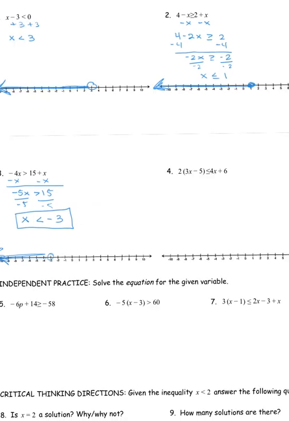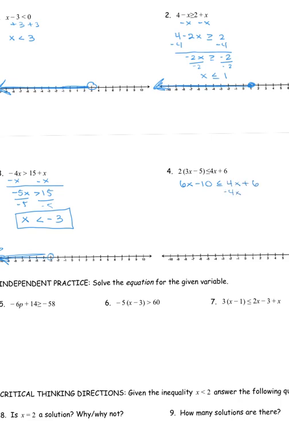All right, so let's take a look at example number 4. I have 2 times 3x minus 5 is less than or equal to 4x plus 6. All right, to begin, I have to distribute 2 onto my 3x and my negative 5, so I have 6x minus 10 is less than or equal to 4x plus 6.